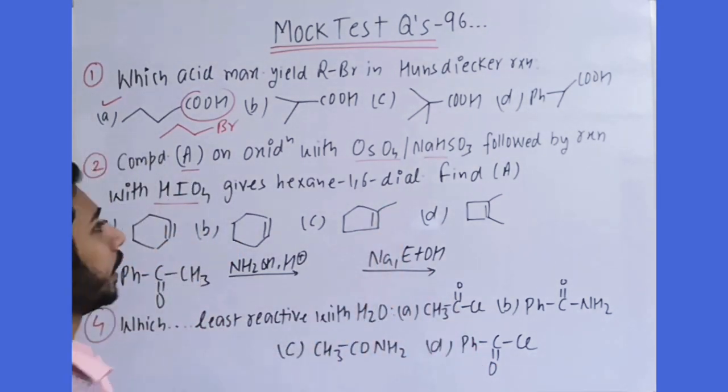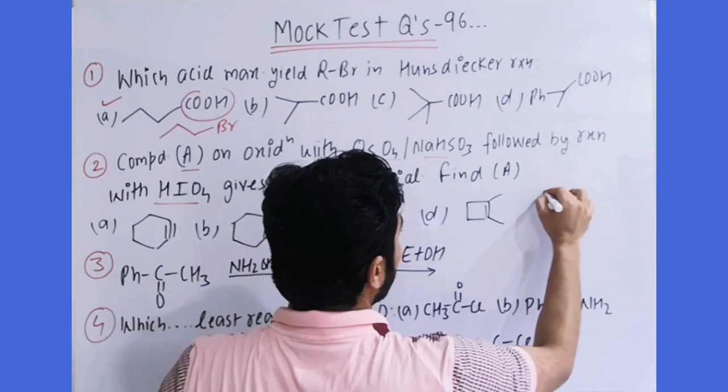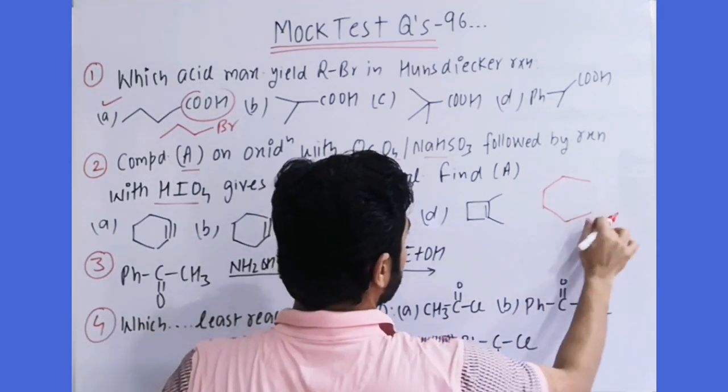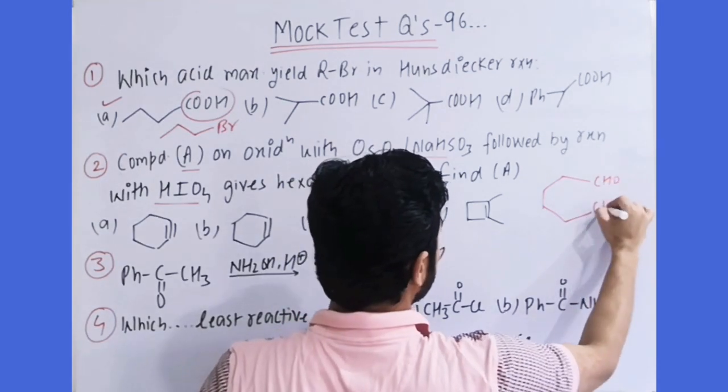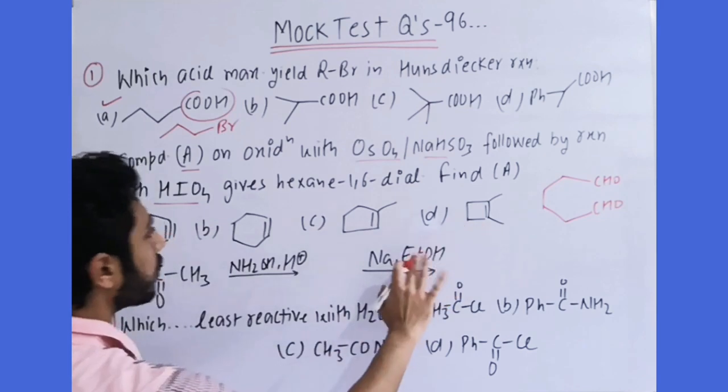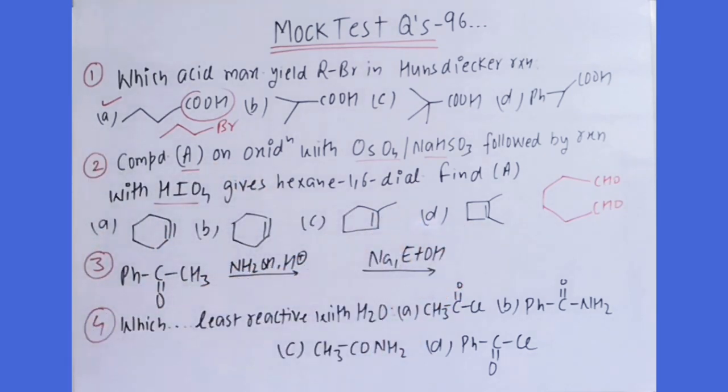I am explaining it that here 1,6-dial means 1, 2, 3, 4, 5, 6, and here CHO, there CHO. It is finally formed. So think about which of these options will give this product hexane 1,6-dial. Now osmium tetraoxide is a syn hydroxylation, right?